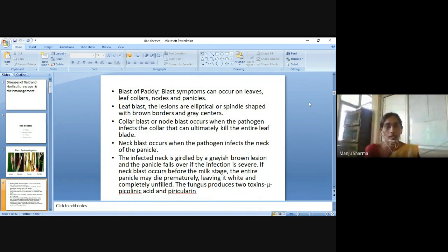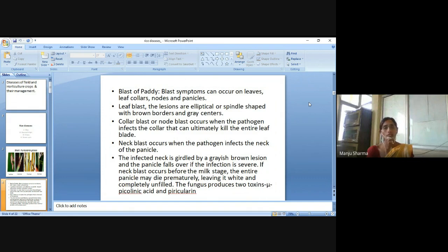Then neck blast occurs when the pathogen infects the neck of the panicle. The infected neck is girdled by grayish-brown lesions and the panicle falls over if the infection is severe.